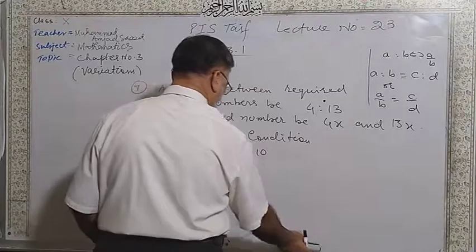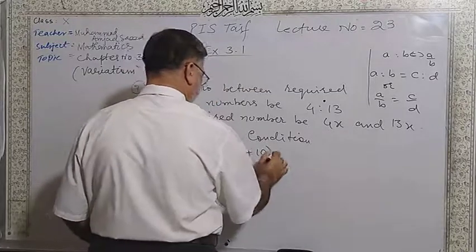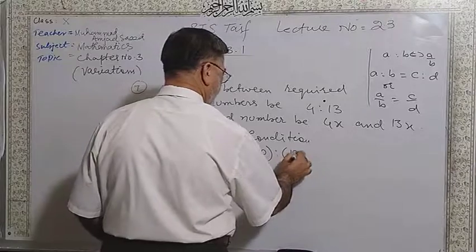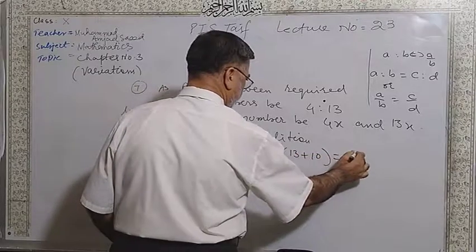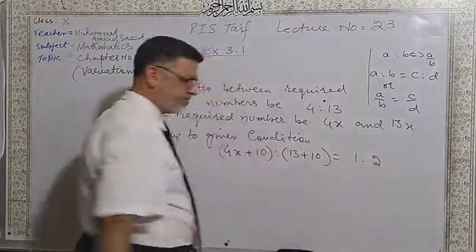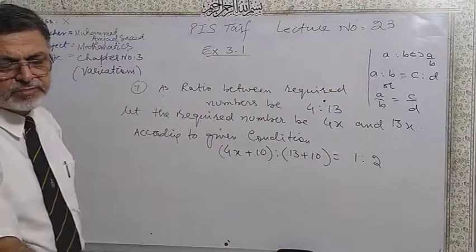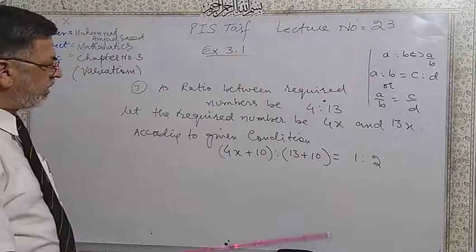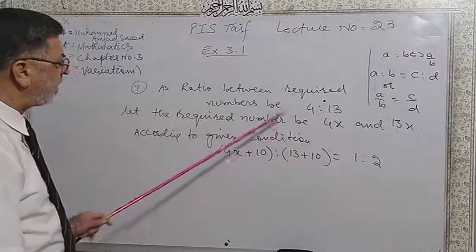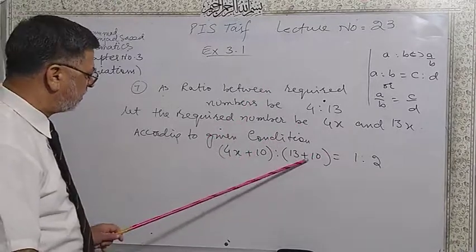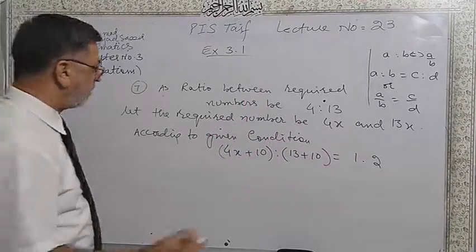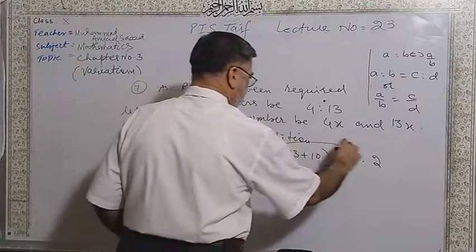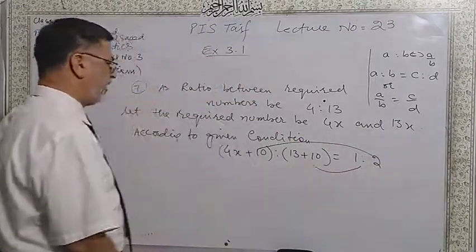It is better to write down the ratio 1:2 first. If 10 is added to both, then the new ratio becomes 1:2. That is, product of extremes is equal to product of means.